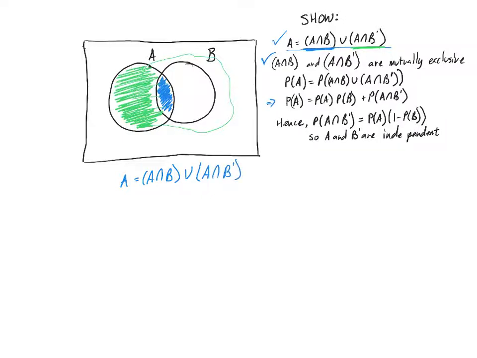So that's just the number of occurrences there. And if I divide everything by the total number of items, because this is just saying there are X number of items in A, and this is saying that there are X number of items in A intersection B union A intersection not B, then if I just divide both of those by the number of items in the full set, what I get is the probability.